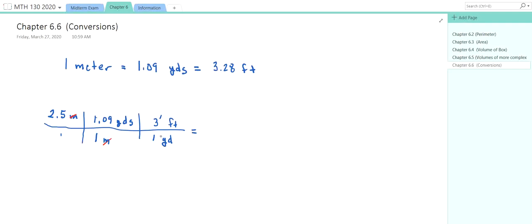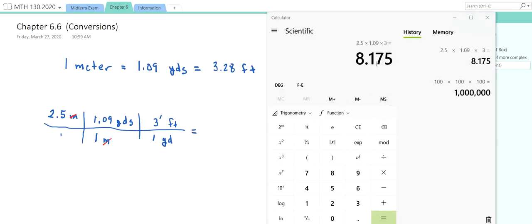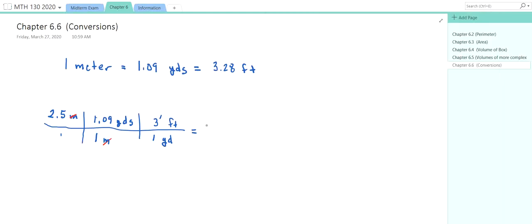So if I run through this calculation on my calculator, 2.5 times 1.09 times 3 equals 8.175. And here you see that the yards cancel out, and I'm left with just feet. So my final unit is feet, 8.175 feet. So 2.5 meters is 8.175 feet.